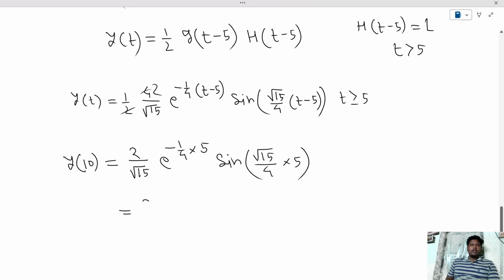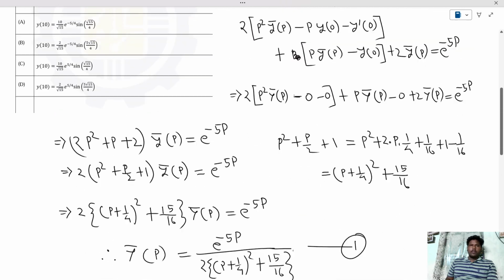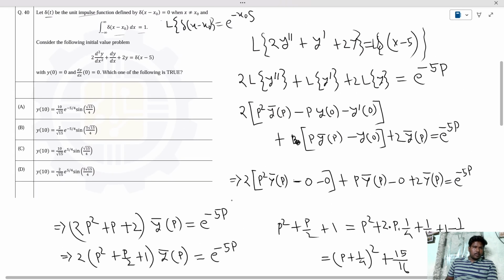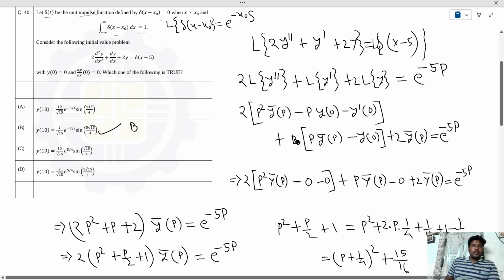So our answer is 2 by root 15 e to the power minus 5 by 4 sine 5 root 15 by 4. So option B is true option.